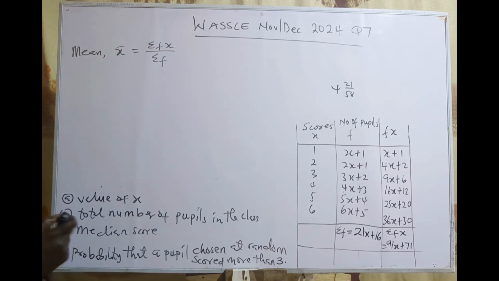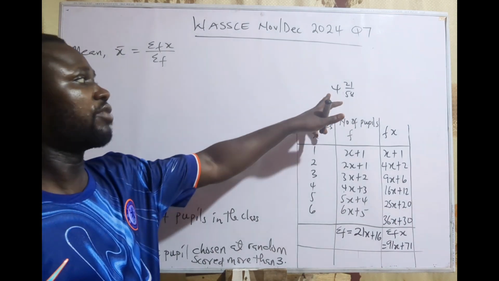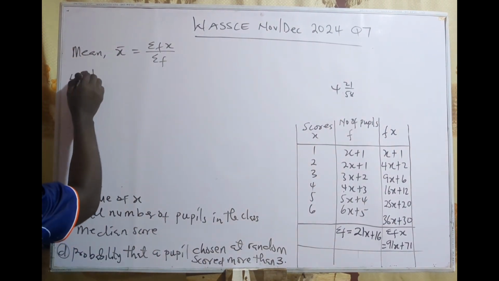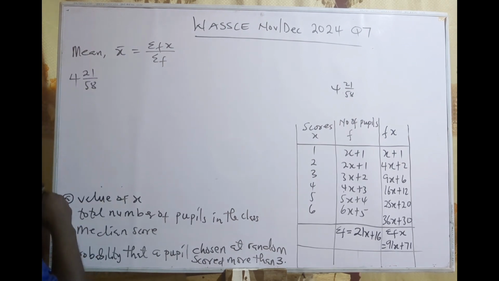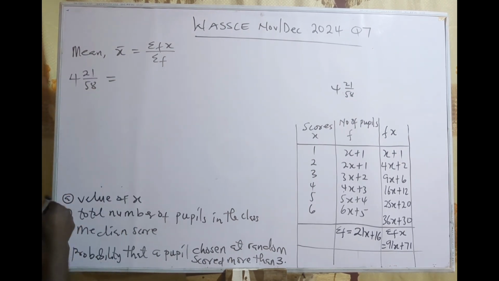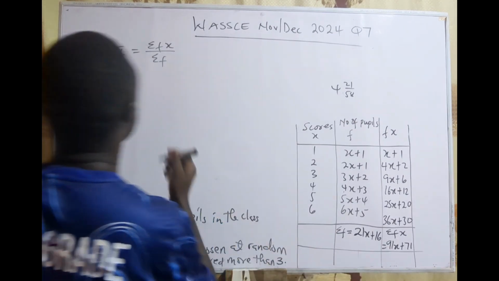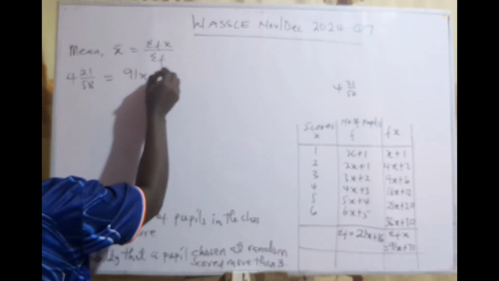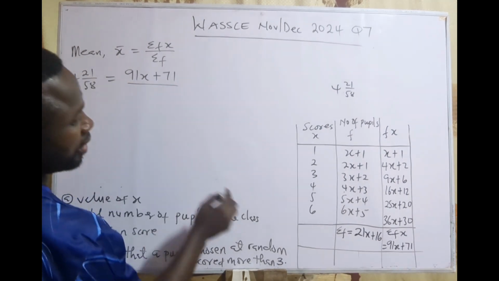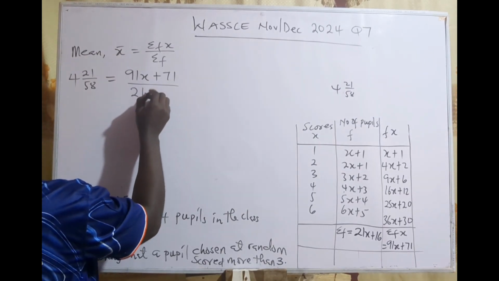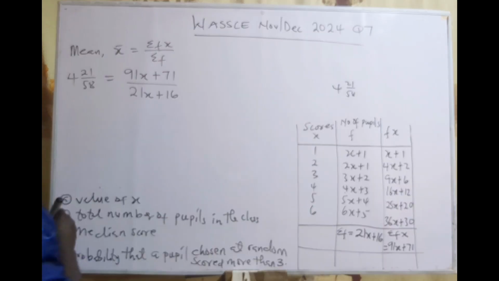In the question we are given 4 21/58 as the mean, and that is equal to sigma fx, which is 91s plus 71, all divided by sigma f, 21s plus 16.